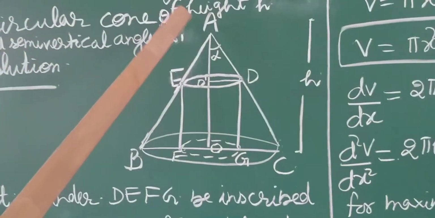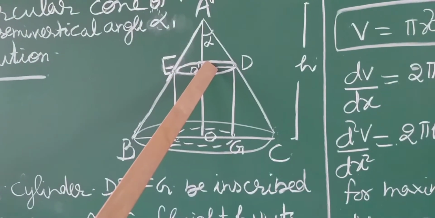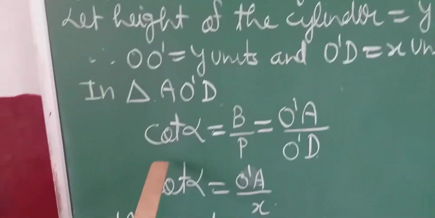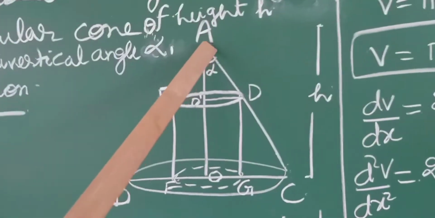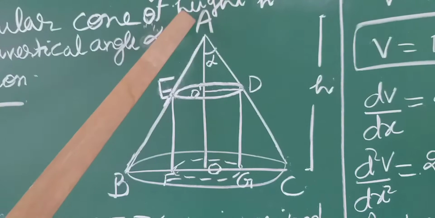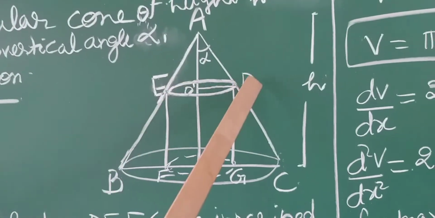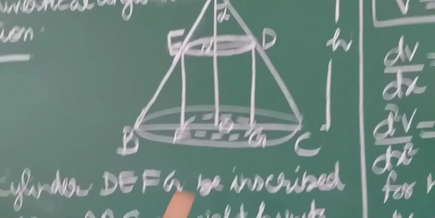So in triangle AO'D, angle O' equals 90 degrees. Using cot alpha equals B upon P, for alpha, AO' is the base and O'D is the perpendicular. O'D is x.